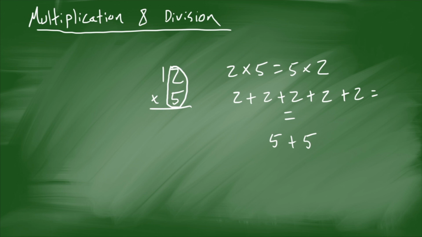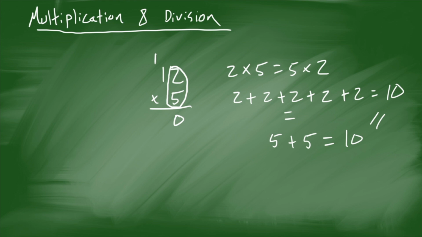2, 4, 6, 8, 10. 5 plus 5, 10. 10 equals 10, so it works either way. 10. Just like before, we have to put that 1 at the top, called carrying the 1.